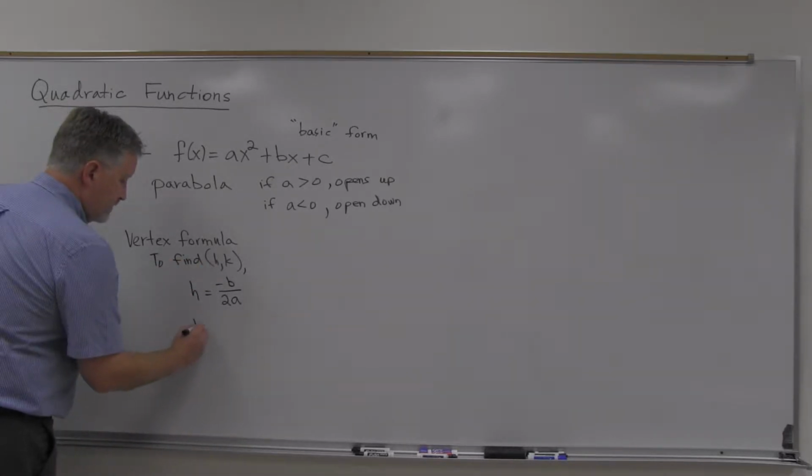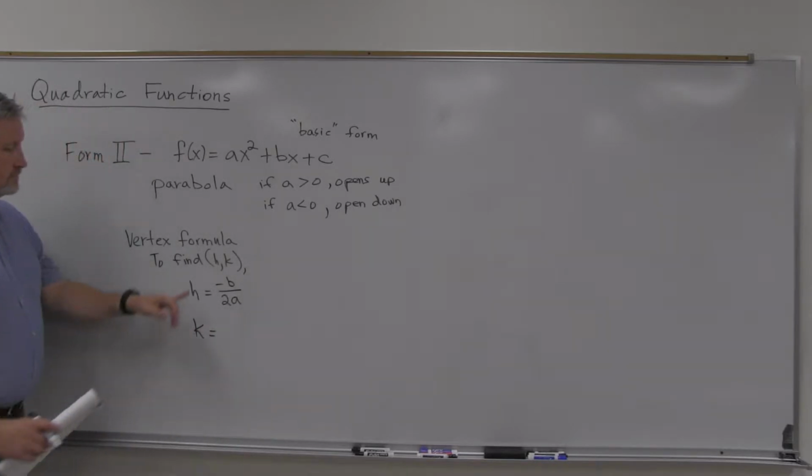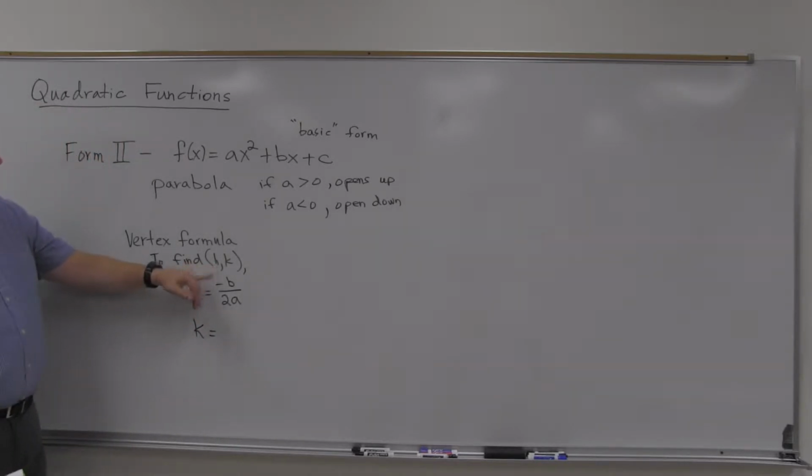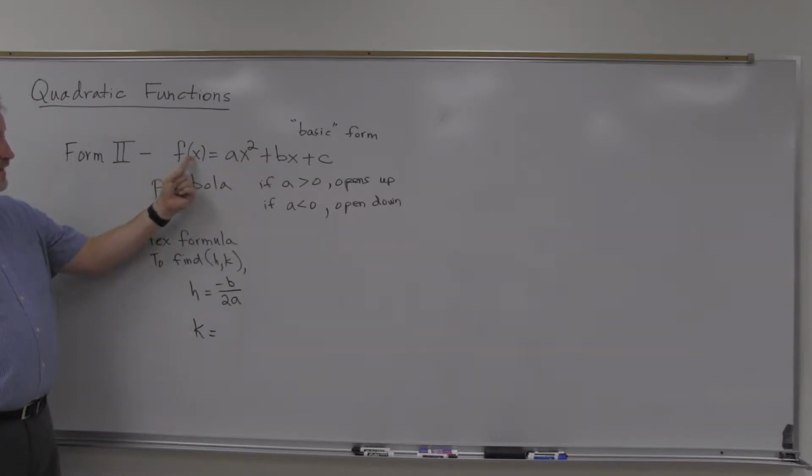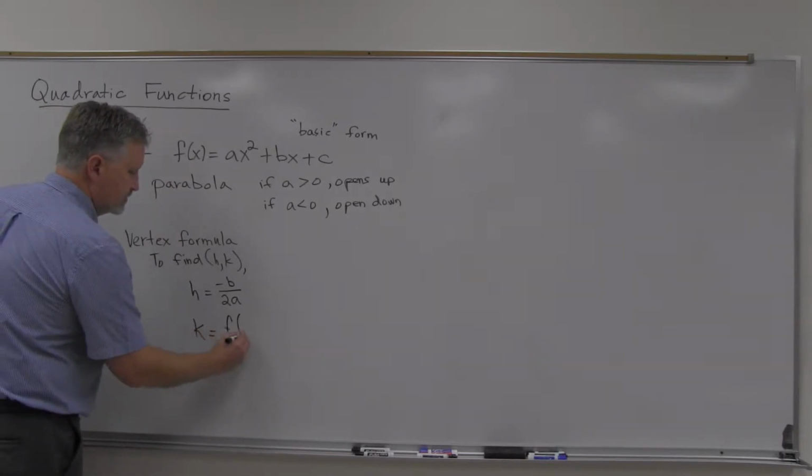Now for k, well, if you think about it, h is an x value, and k is a y value. So if I've got my x value, how do I find my y value? You plug it in, yeah. And so k, the way we find k is we plug in h for x. So let's just call it f of h.